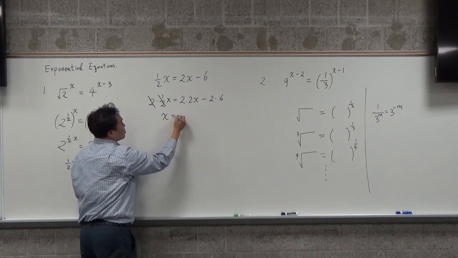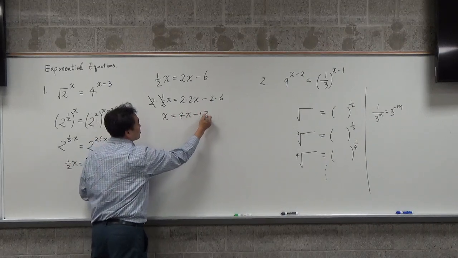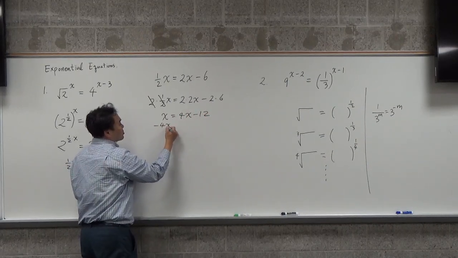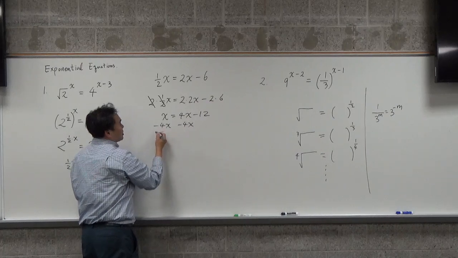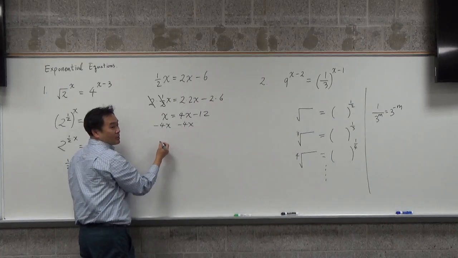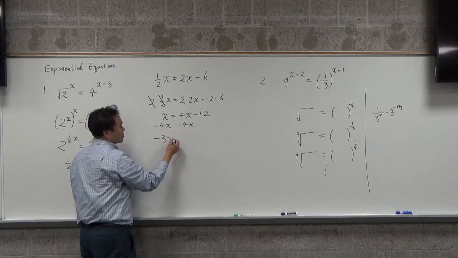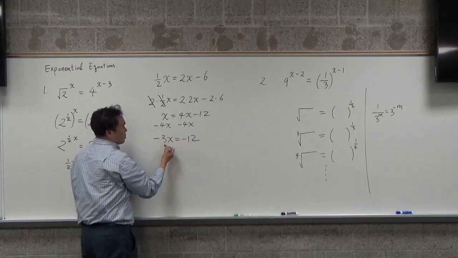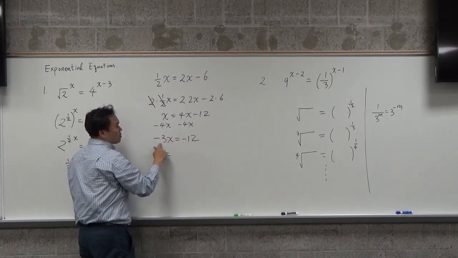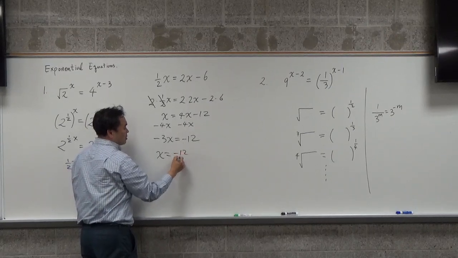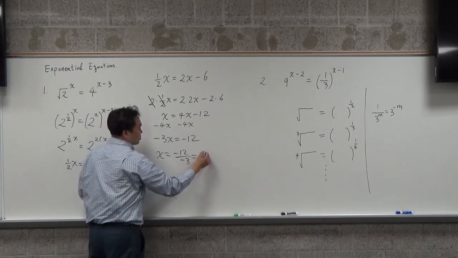You get x equals 4x minus 12. And then subtract 4x from both sides. x minus 4x is negative 3x. And now you divide both sides by negative 3, giving you x equals 4.